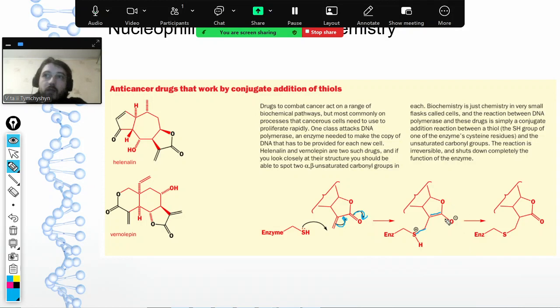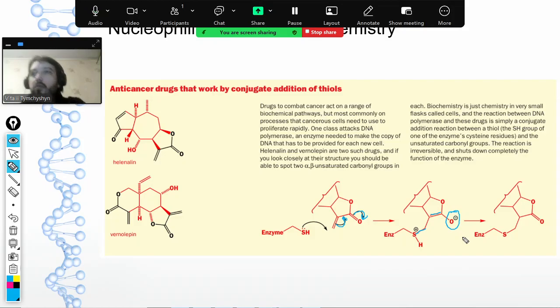Oxygen is electronegative, so it will not be against getting a few extra electrons. So here we have oxygen with a minus charge.